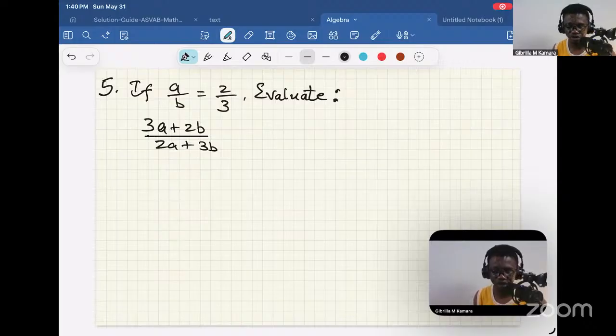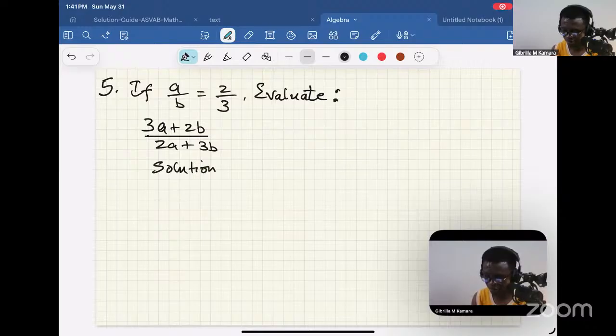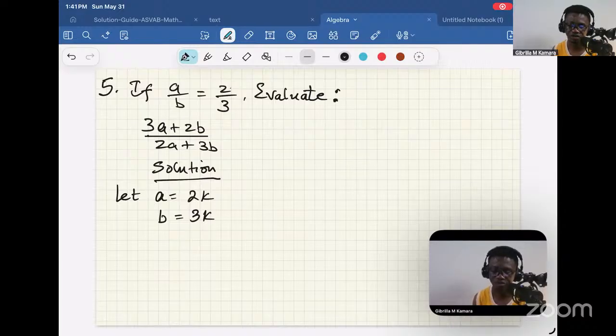One way is to take letters. Let A equal 2k, because this is 2, then B equals 3k. Once you have that, substitute A equals 2k and B equals 3k into the expression.